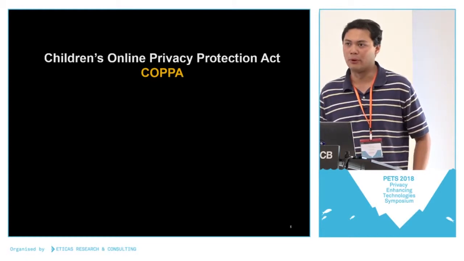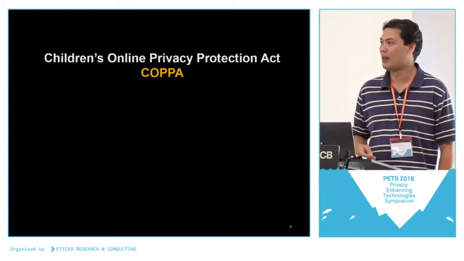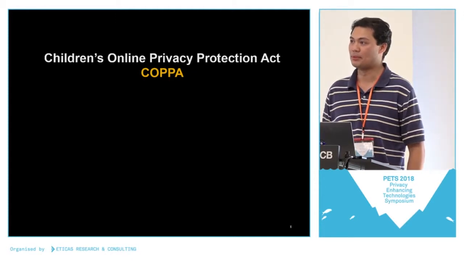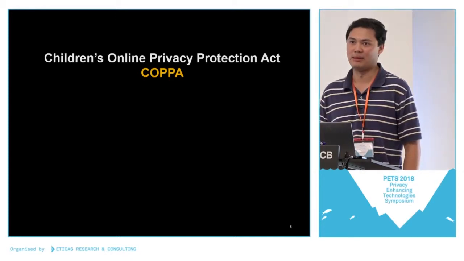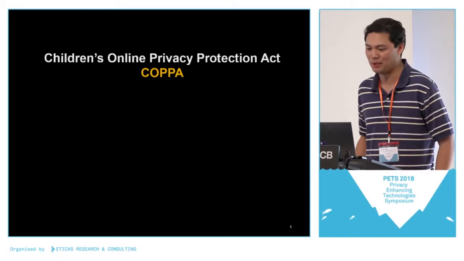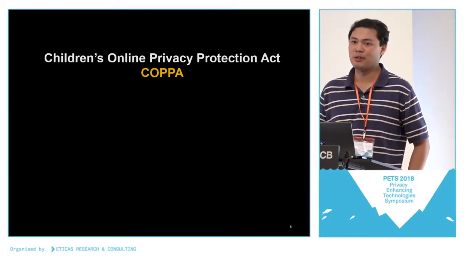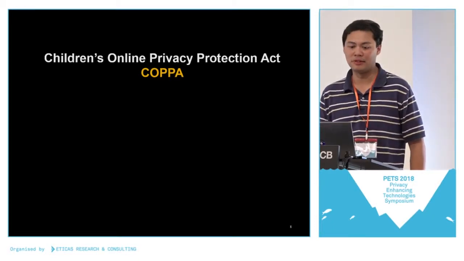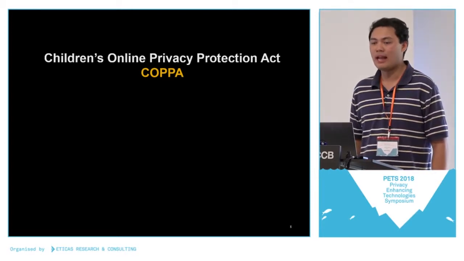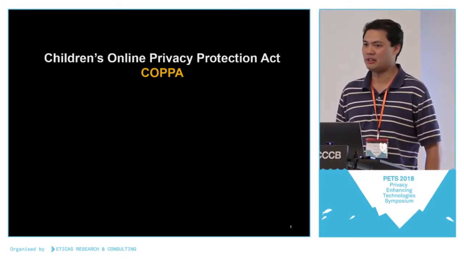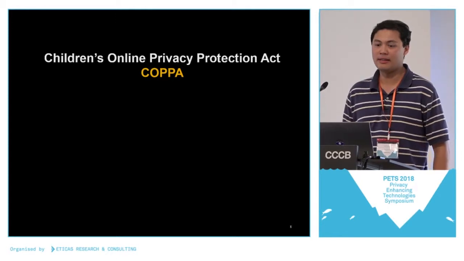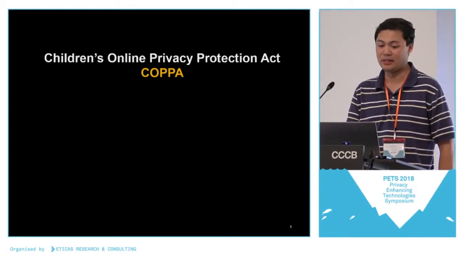Now, as a case study for this system, we decided to look at how well mobile apps are abiding by the Children's Online Privacy Protection Act, or COPPA for short. COPPA is one of the few comprehensive privacy regulations in the United States, and it governs how online services, such as apps, collect data about children under 13 years of age.